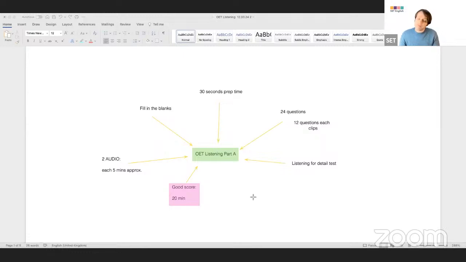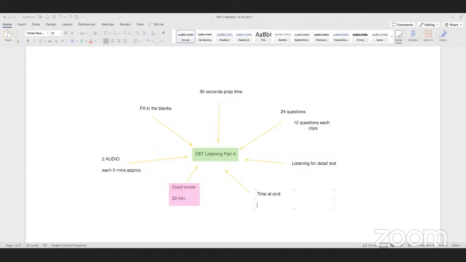Okay, does anyone have any questions about the format of this test? Anyone new here? Okay, I've got a question for you. Asya, could you say hello? Yes, and how much time at the end? 2 minutes. This is for the paper exam.